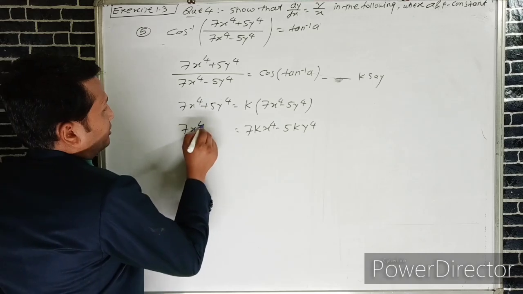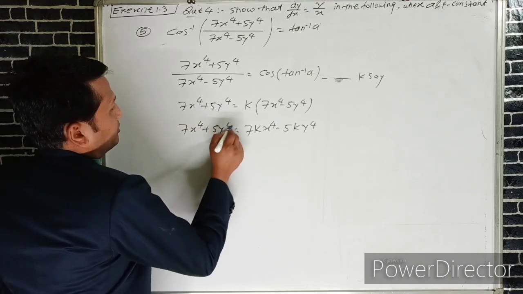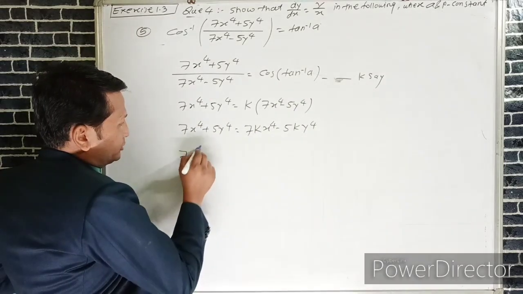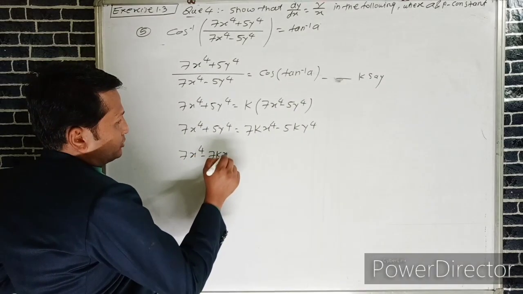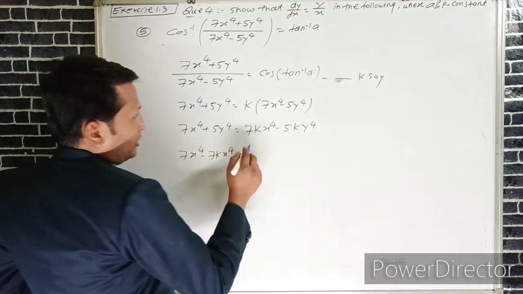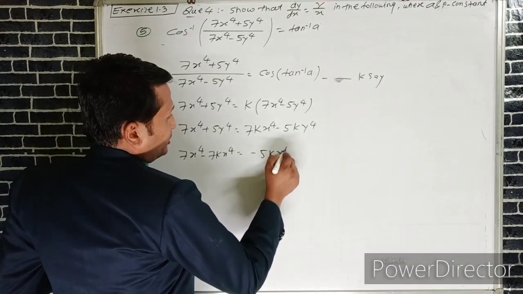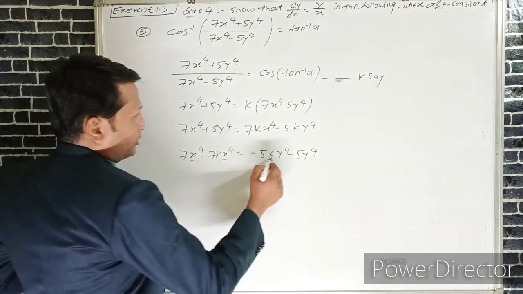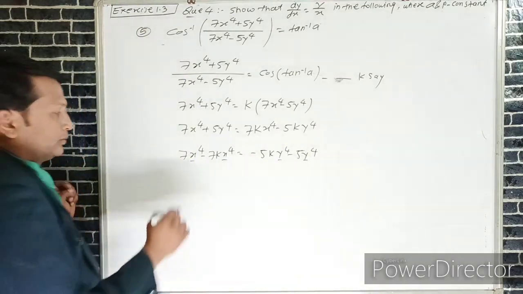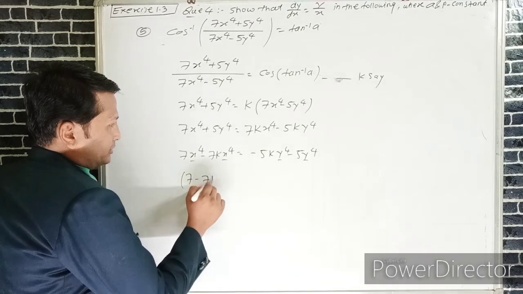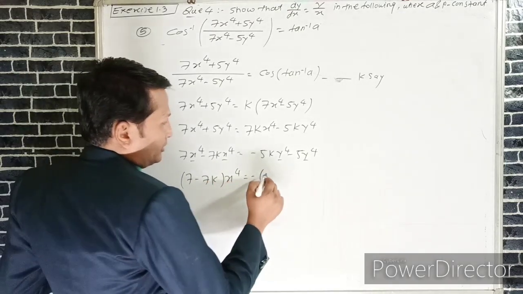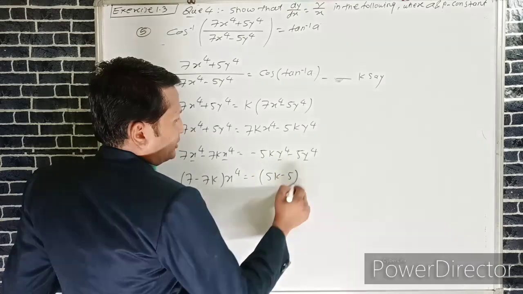If we shift this term to the other side, then we can write 7x raised to the power 4 minus 7k x raised to the power 4 is equal to minus 5k y raised to the power 4 minus 5y raised to the power 4. If we take x raised to the power 4 and y raised to the power 4 common, we can write (7 minus 7k) x raised to the power 4 equals minus (5k plus 5) into y raised to the power 4.